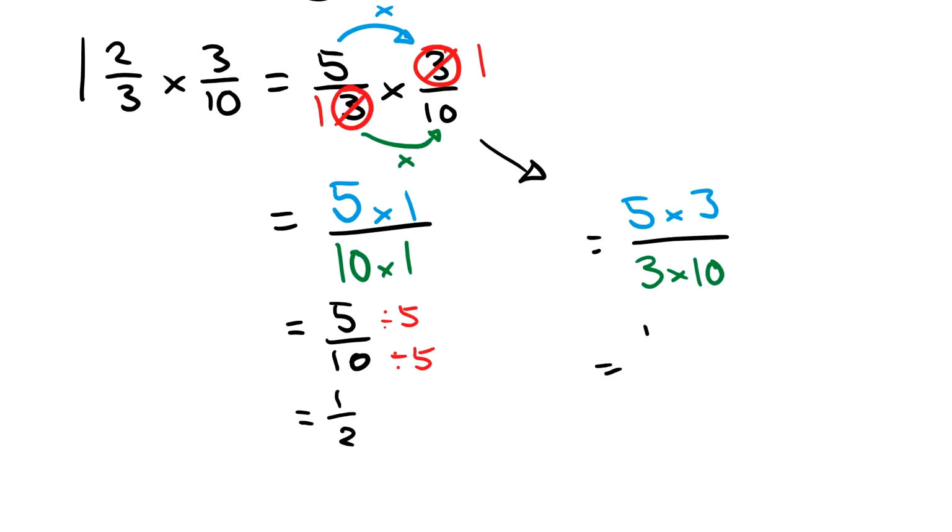Well, what I end up with here is 15 over 30, which I also notice 15 goes into both of these, so I can divide by 15, because that is our highest common factor. It goes into 15 and into 30, so 15 divided by 15 is 1, 30 divided by 15 is 2. So we do end up with the original. It's just depending where we do our simplification first and which path you think is easiest.